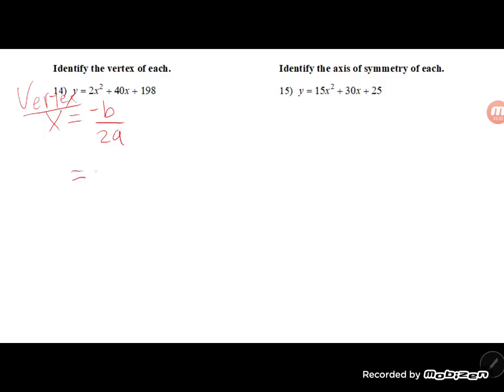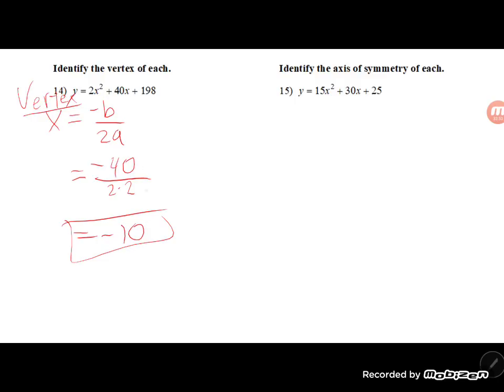So we plug and chug, and we get negative 40 divided by 2 times a, which is 2. That's going to be equal to negative 10. So the x value for our vertex is negative 10.